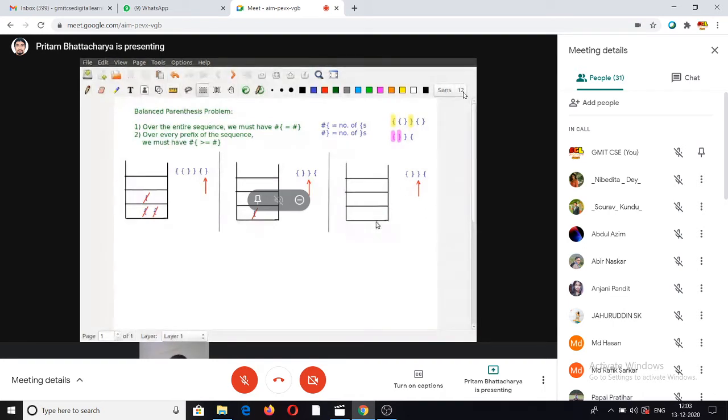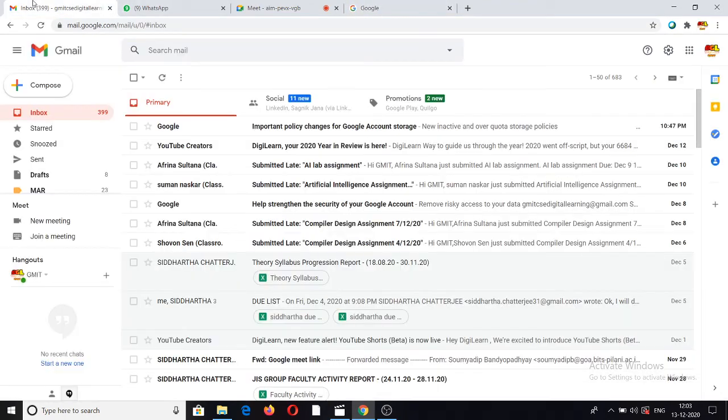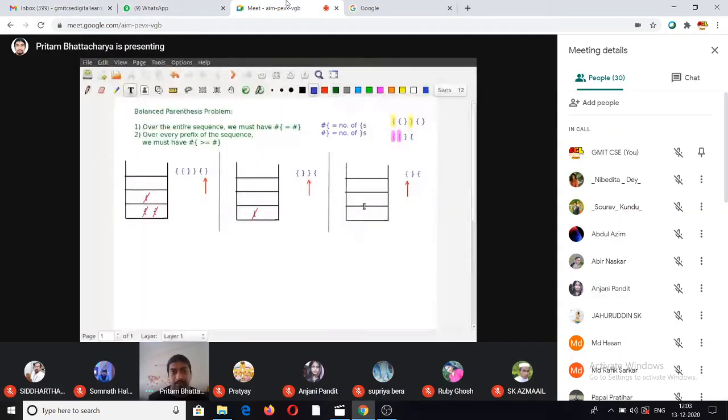Here the input I am considering is this one. I am opening, closing, and then an extra opening one. Okay, so how does this work? Initially I have my opening parenthesis, so I push it in. Advance the pointer.